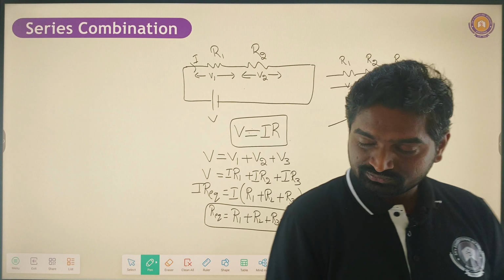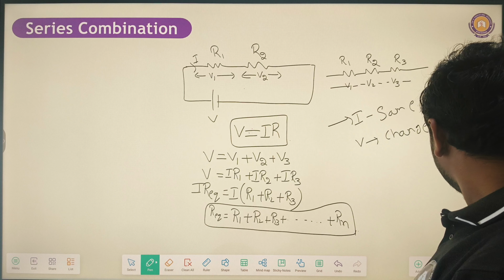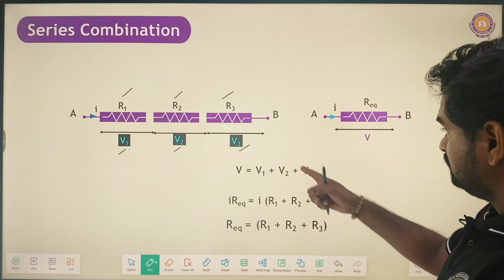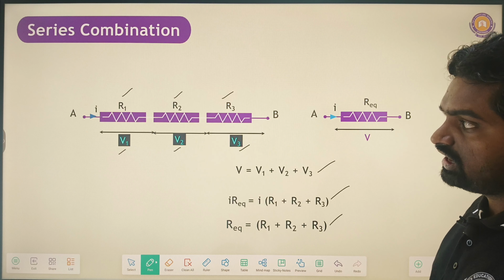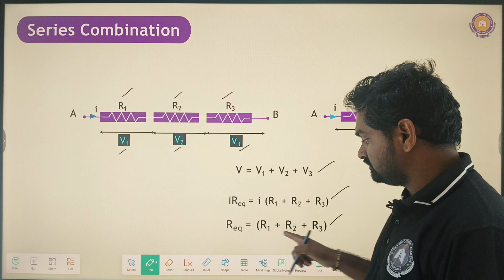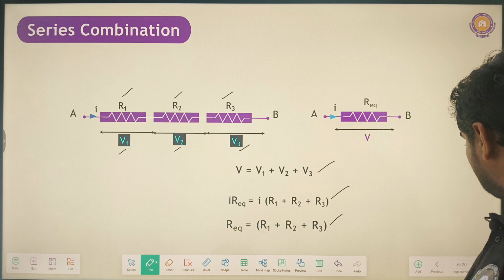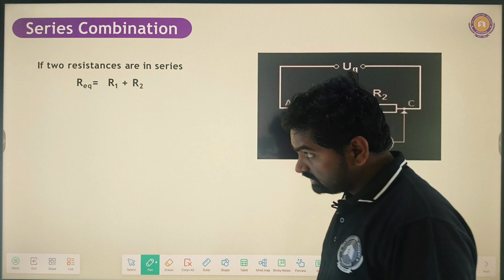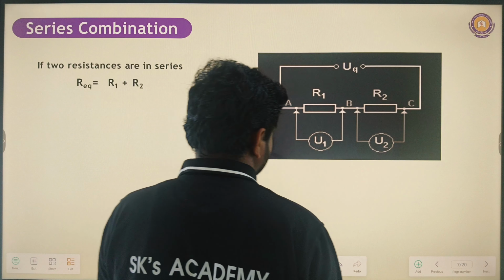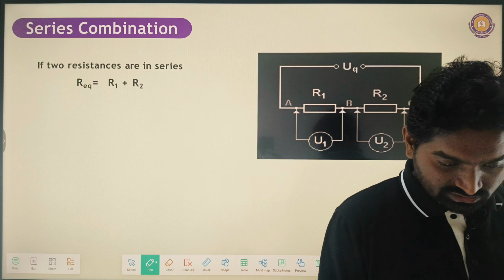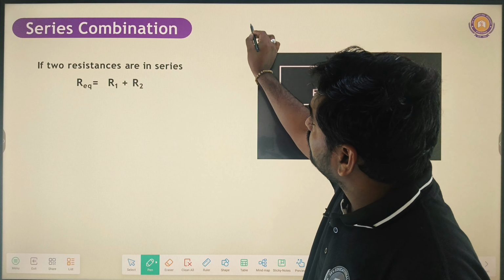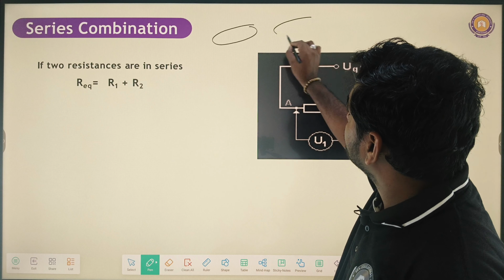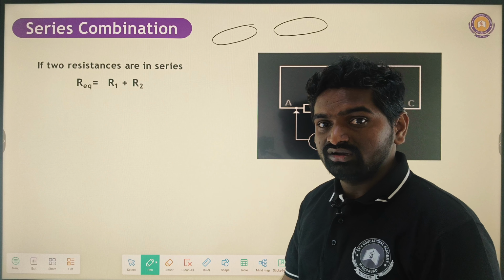Clear? So this is the same: R equivalent is equal to R1 plus R2 plus R3 for three resistances. Now look at the series combination with two resistances. Remember, in a combination of two resistances, let the two conductors be different.